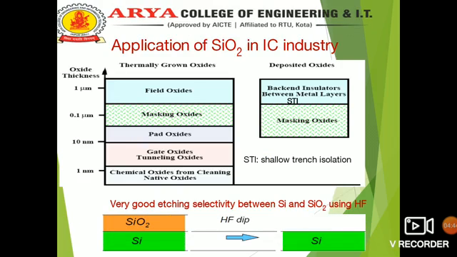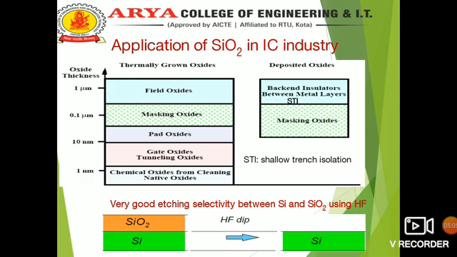And these are the applications of SiO2 in the IC industry. It acts as a diffusion mask, permitting selective diffusions into the silicon wafer through windows etched into the oxide.